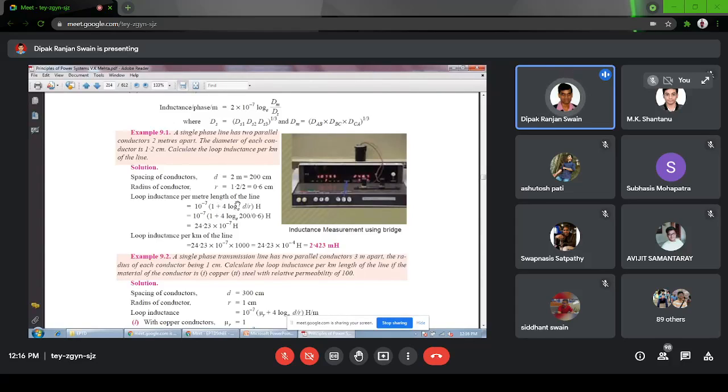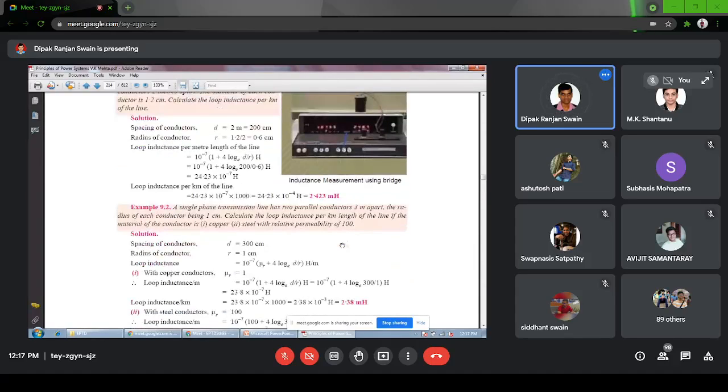Because as I have told, when we calculate the flux linkage, we have taken a distance of 1 meter. But it is asking what will be the value for kilometer. So just multiply by 1000, and obviously the inductance will be in Henry. So this is one of the basic values you can see. This is the inductance of the transmission line.